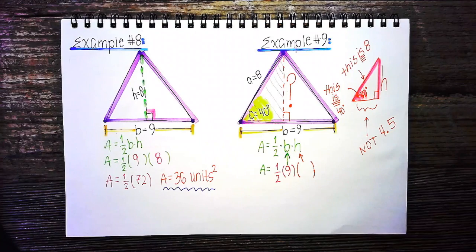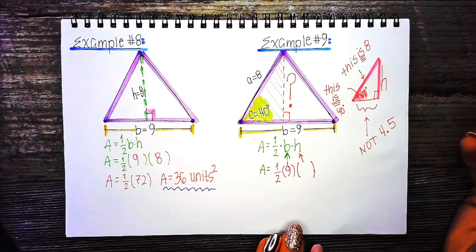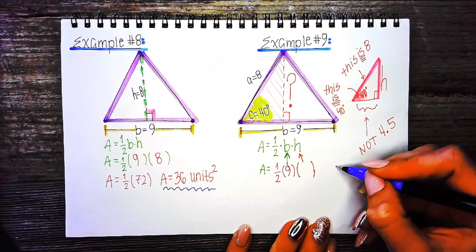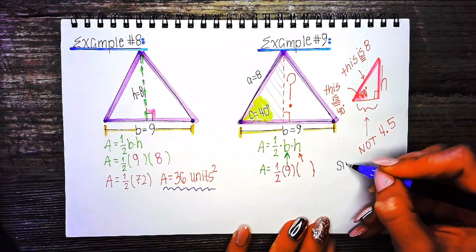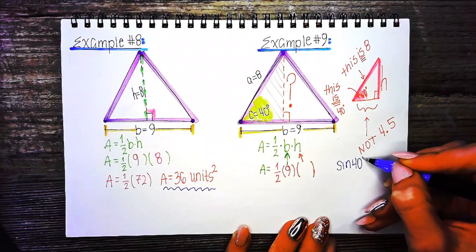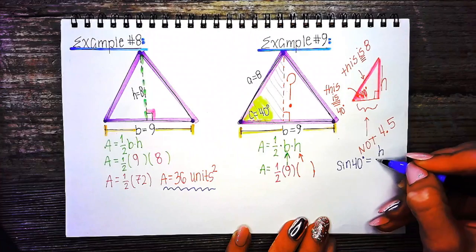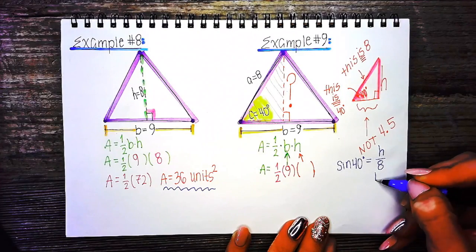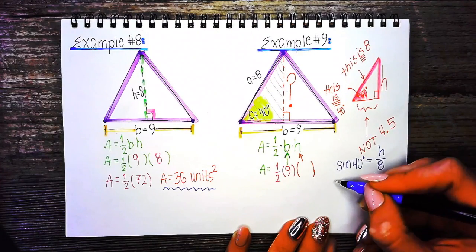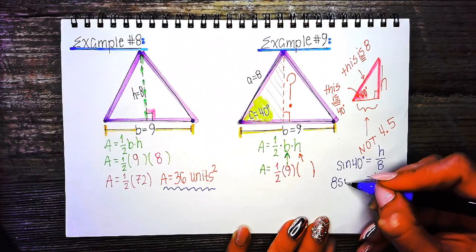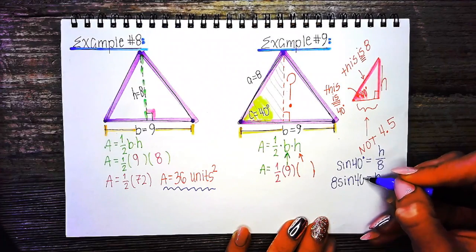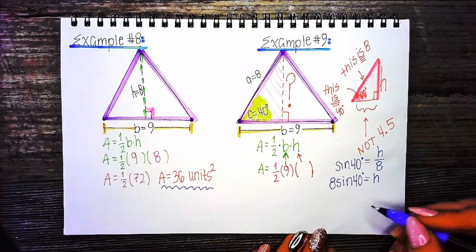I'm looking for H. The trig ratio I'm going to use to figure out the height in this triangle is sine. The sine of 40 degrees will be the opposite over hypotenuse, which will be H over 8. To get H alone, we're going to multiply both sides by 8. The height of the triangle is 8 sine 40 degrees.